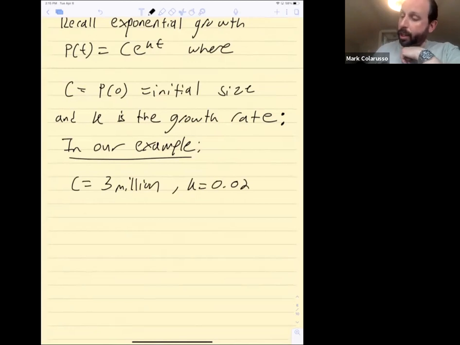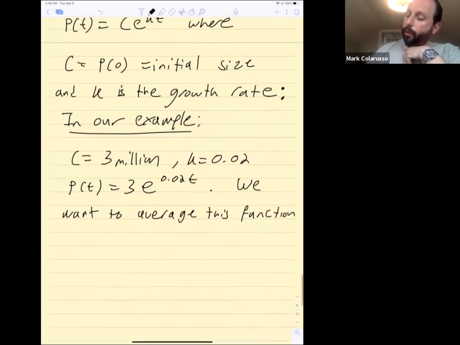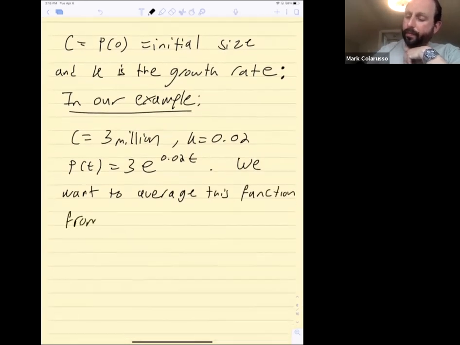Okay? So the function that we have to average is this exponential growth function. So we want to average this function from t equals 0 to t equals 50.